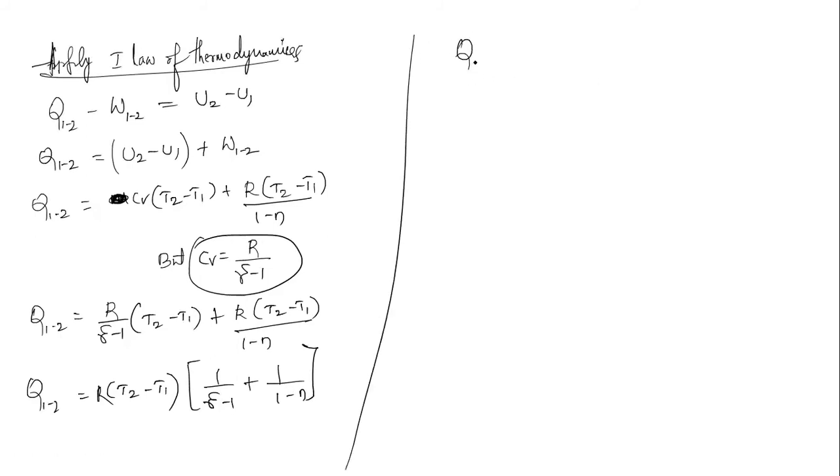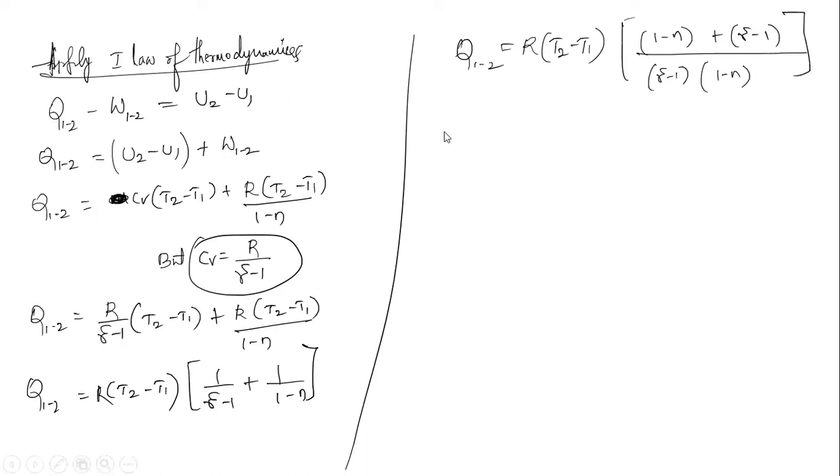Now, Q1 to 2 is equal to R (T2 minus T1). If I take the LCM, (gamma minus 1) into (1 minus n), that is 1 minus n plus gamma minus 1.